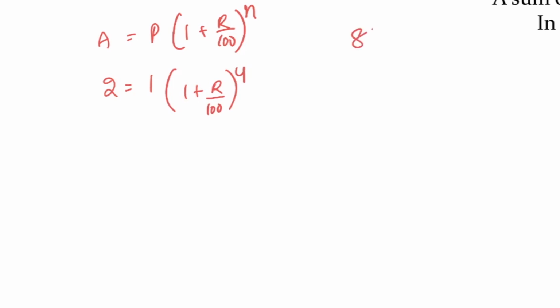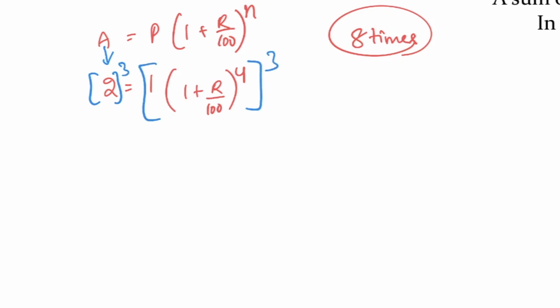We require 8 times the investment. So to make amount 8, cube on both sides. If you cube on both sides, 8 is equal to 1 into 1 plus R by 100 whole power 4, power 3.